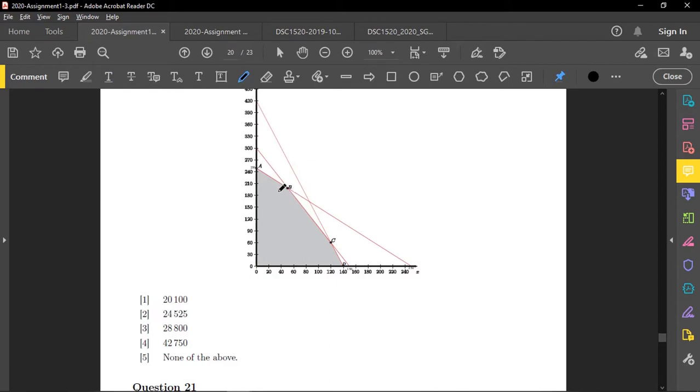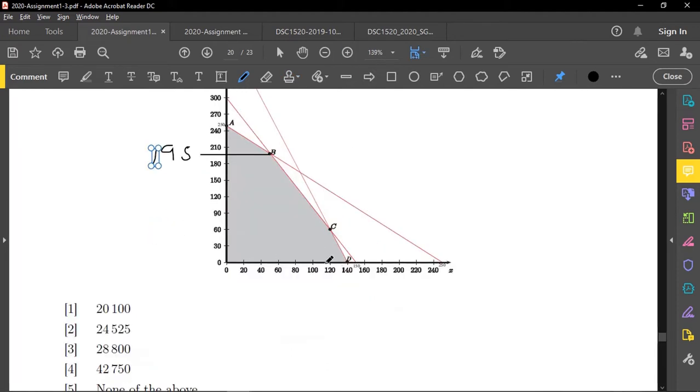Let's just have a look here. If B is in the middle here, this would be what? It's in the middle. So 210, 180, let's add the 2, divide by 2. So 210 plus 180 equals 390, divided by 2 is 195. So 195 would be that point there. And then if I scroll down, B is in between.